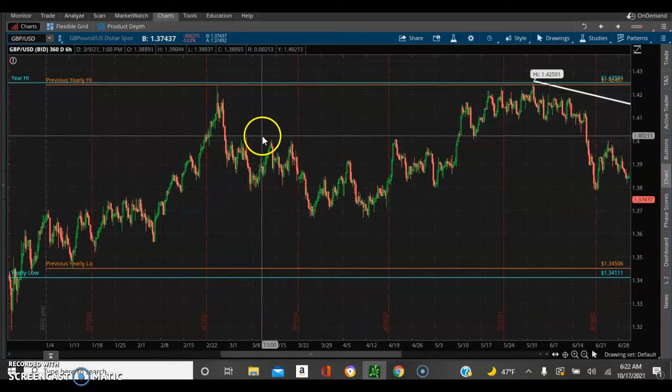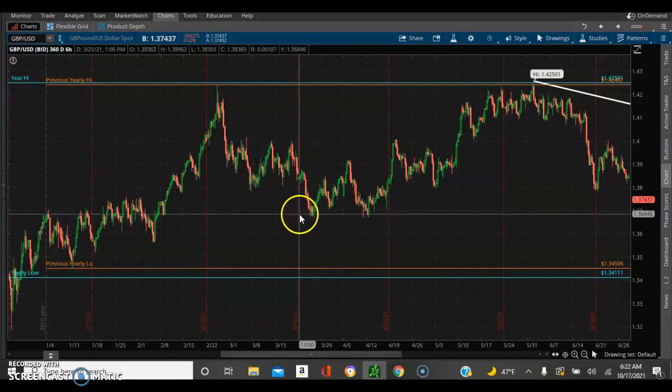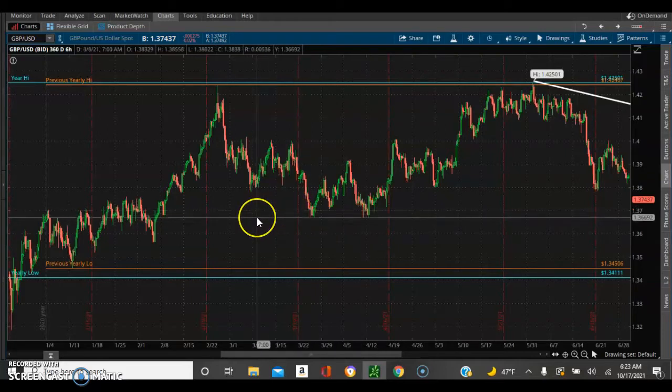It started its descent and came down to a level of 36.64 and turned around. Once it came down here and made a double bottom, we knew the market wasn't going to take out the yearly low.